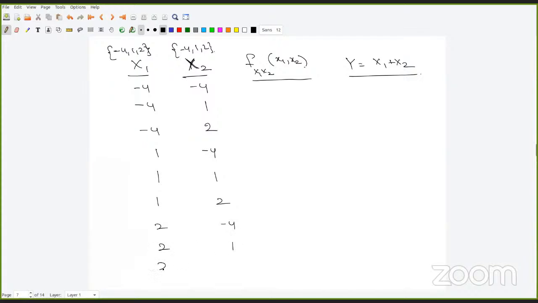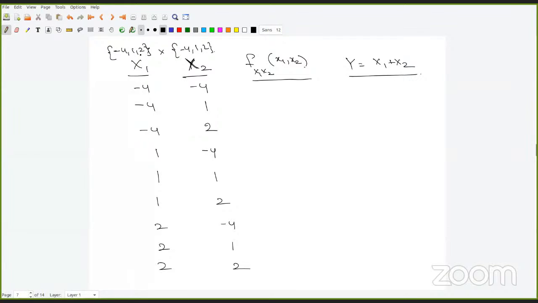So if the range is 3, how many will you have? 3 squared, 9.